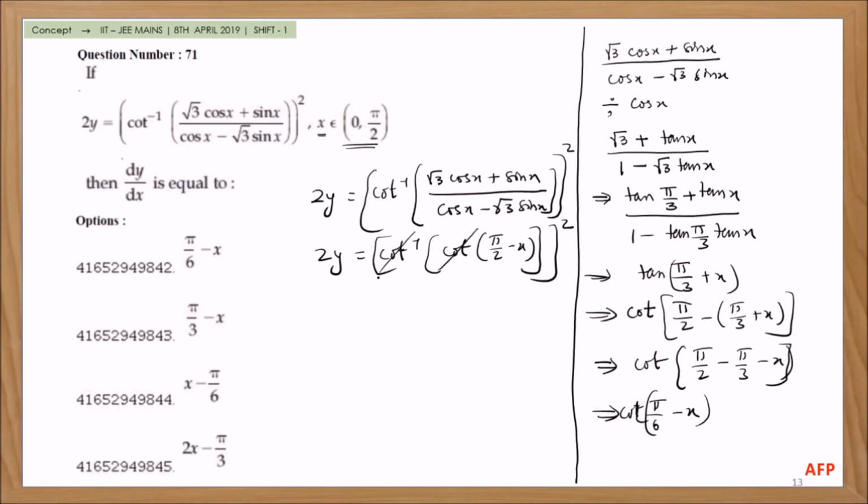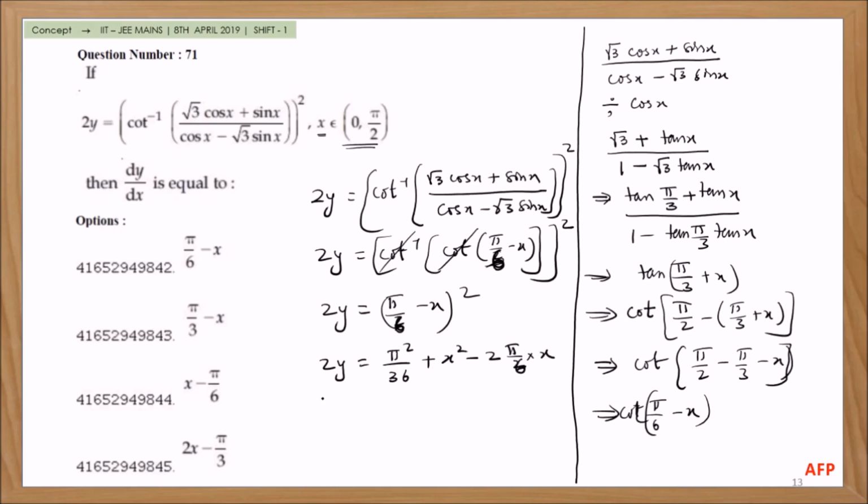So cot and cot inverse get cancelled. So pi by 2 minus, pi by 6 it is, sorry, 6 it is, minus x, now square: pi square by 36 plus x square plus 2 times pi by 6 into x.